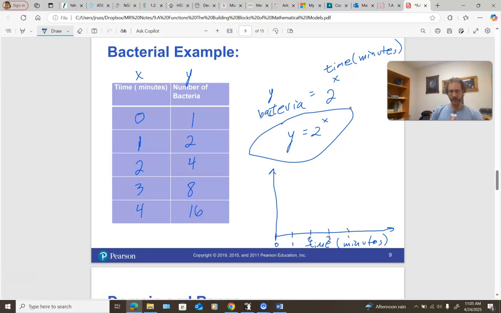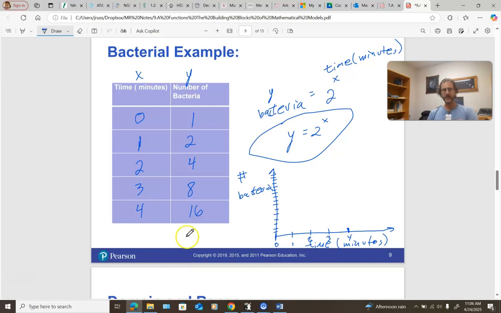Okay, and you can just keep going. And then the y-axis, or the vertical axis, represents the number of bacteria. Okay, so I could calibrate it. 1, 2, 3, 4, and all the way to 16.